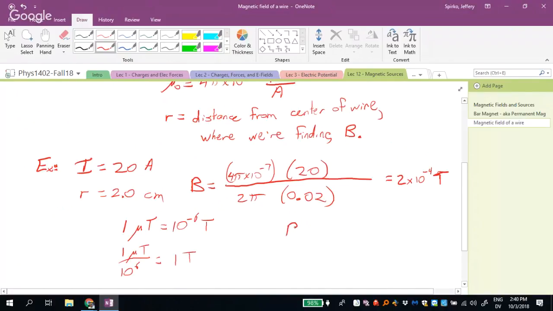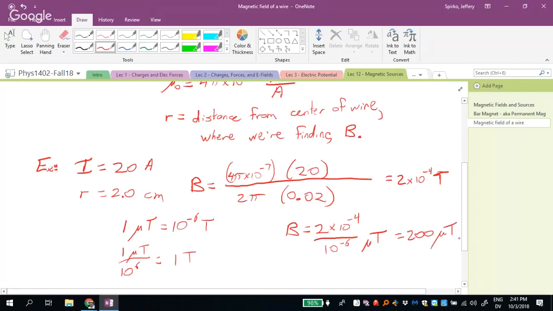So this B is 2 times 10 to the minus 4th over 10 to the minus 6 microteslas. Which should be 200 microteslas.